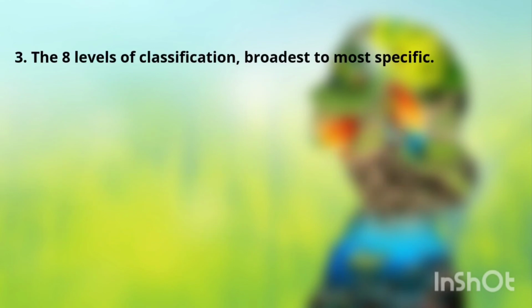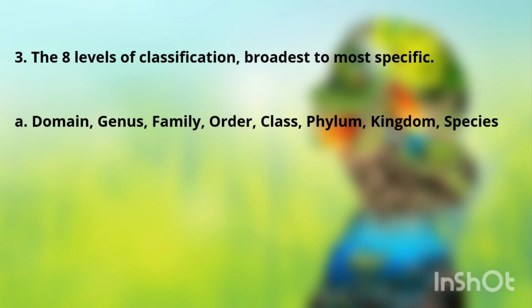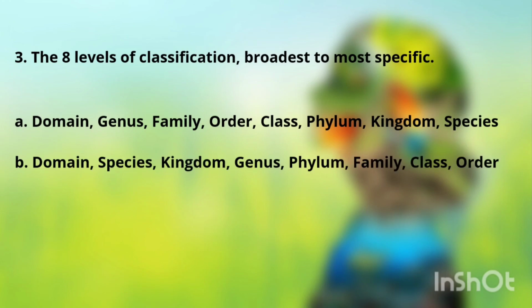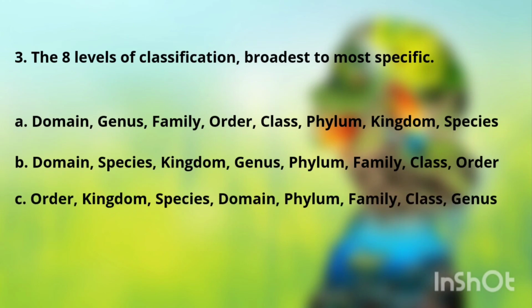Number 3. The 8 levels of classification, broadest to most specific. A. Domain, genus, family, order, class, phylum, kingdom, species. B. Domain, species, kingdom, genus, phylum, family, class, order. C. Order, kingdom, species, domain, phylum, family, class, genus.